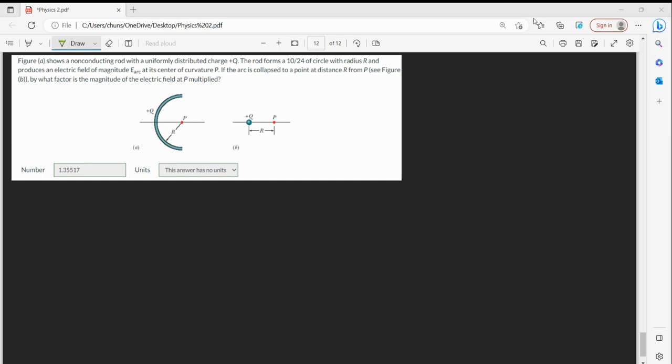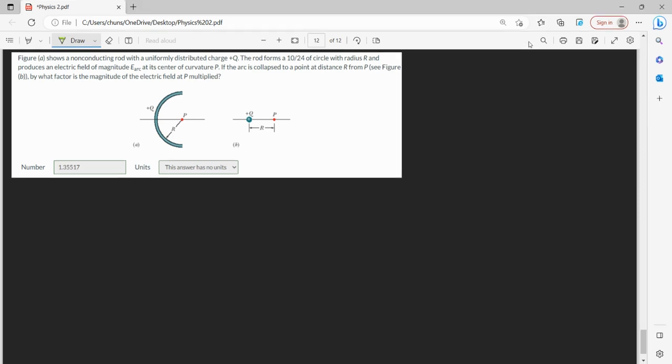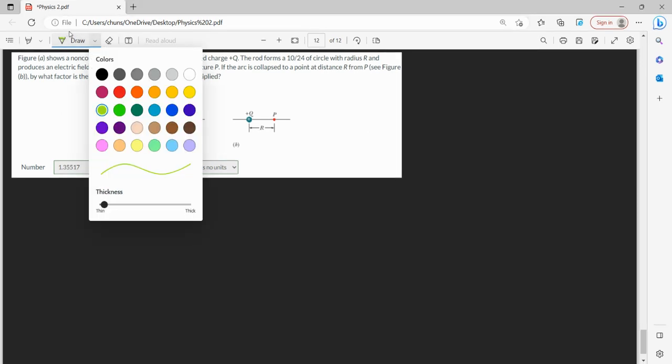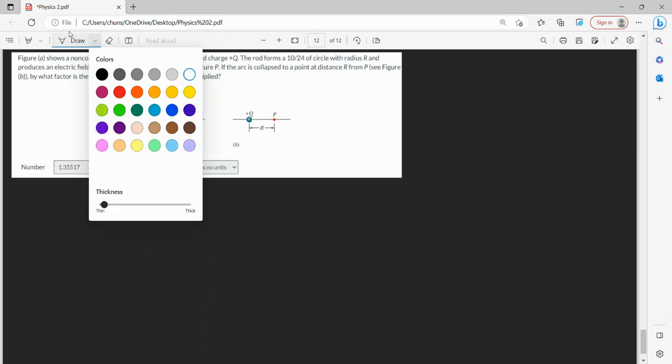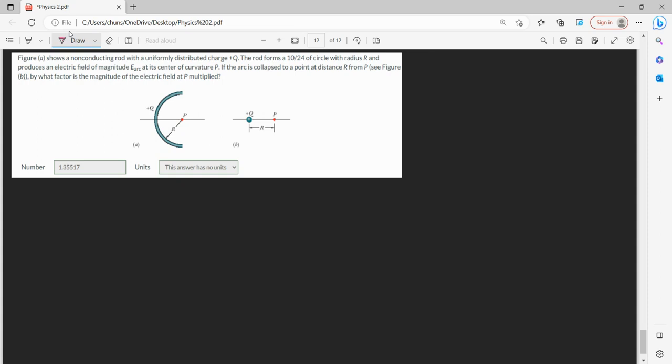Okay, so our last question. This one's going to be a little tricky. I'm going to need to check my answer key quite a bit for this one. This question is asking to find the ratio between an arc and a particle electric field.